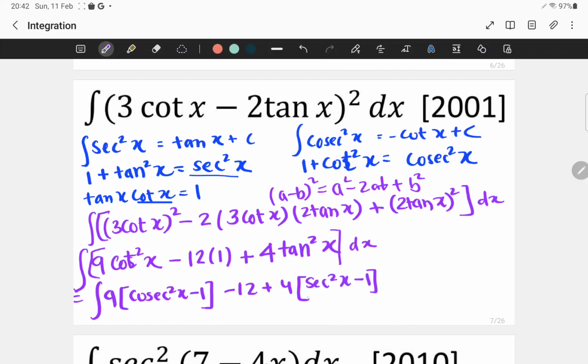So further simplification will give us 9 minus 12 plus 4, minus 12 minus 8, it will give minus 17.